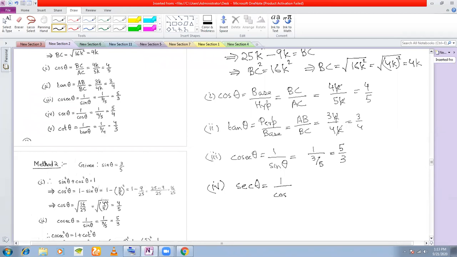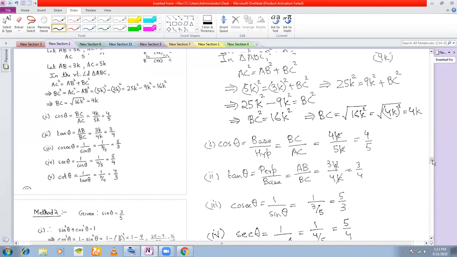You have already found cos in part 1, which is 4 by 5, so sec is 5 by 4. Finally, you have cot theta, the reciprocal of tan. Tan you have already found in part 2, 3 by 4, so cot becomes 4 by 3.